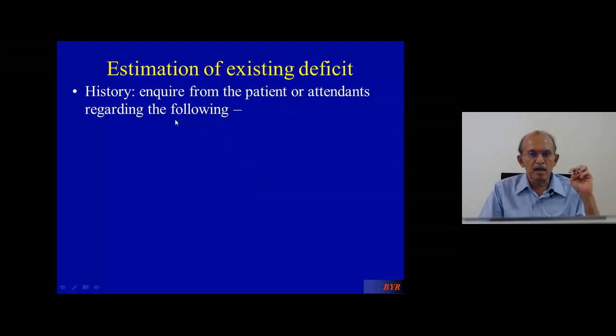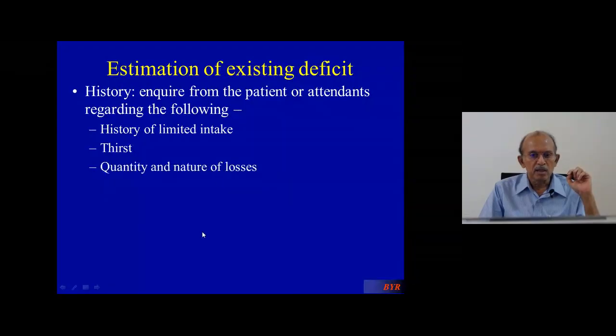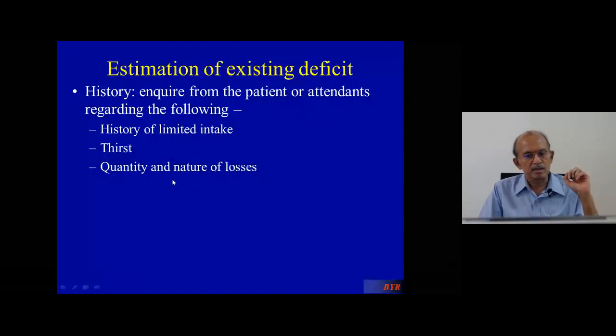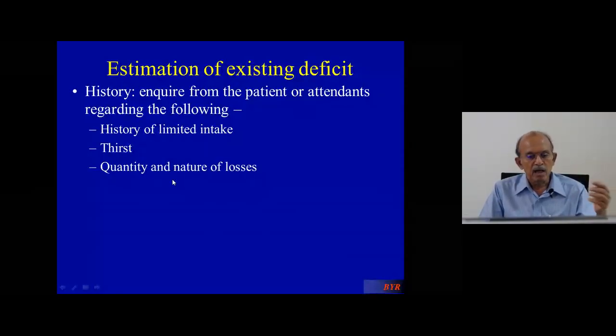Inquire from the patient or attendants regarding the following: history of limited intake, how long he is having it, presence of thirst, quantity and nature of losses. What he is losing: diarrheal stools or vomiting. Vomiting means bilious vomiting or plain gastric acid vomiting. If it is gastric acid vomiting, the losses will be sodium, potassium, chloride and hydrogen ion. If it is bilious, the patient will be losing a lot of electrolytes as well as alkaline.